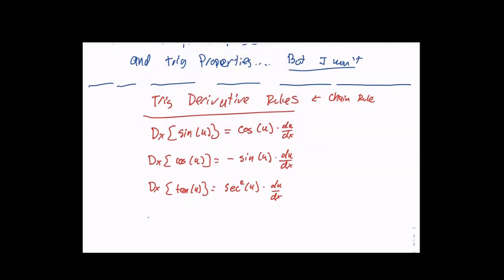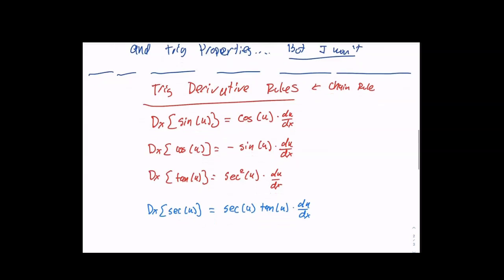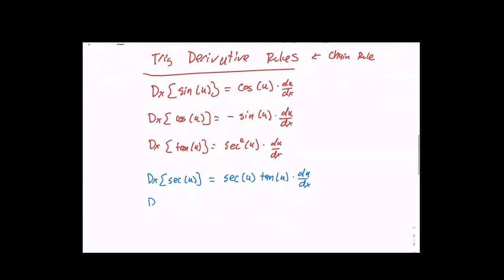The other rules, these are the other three. The derivative of secant of u is equal to secant of u tangent of u times du dx. They're memorizations, all right? They're memorizations.